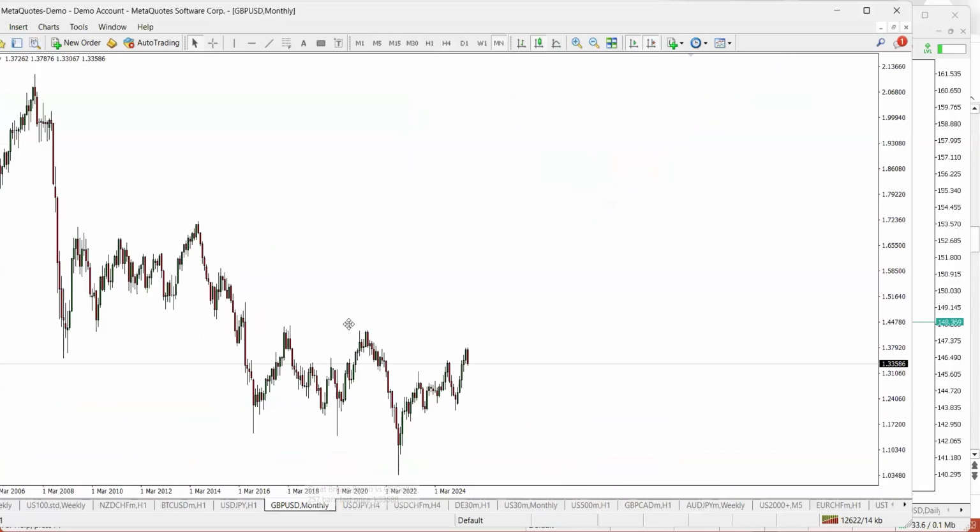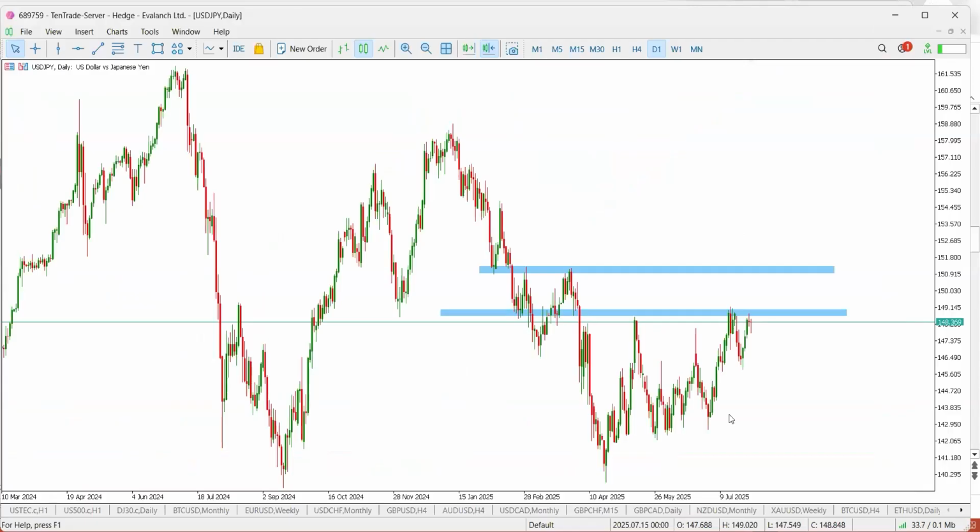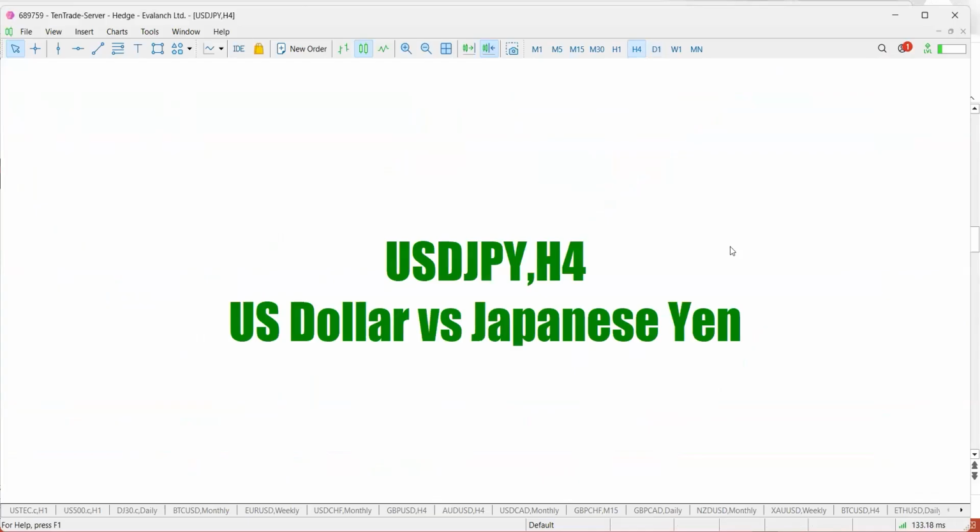We're on GBP USD. Remember, after doing the dirty work on the other chart, I now came here and arranged it properly, right? So you can see how it is here. I'm waiting for price to just break.